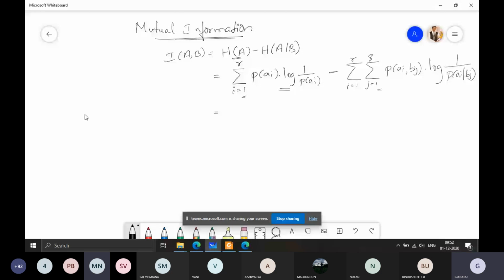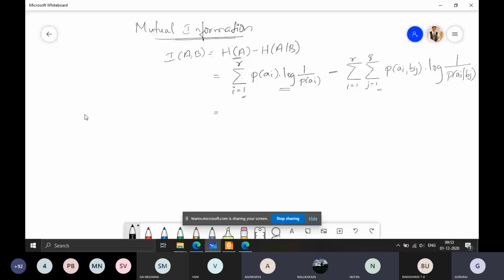So you have to use the property of the channel matrix here. Can anyone tell me the property of the channel matrix? Just 10 or 20 minutes back we discussed it.